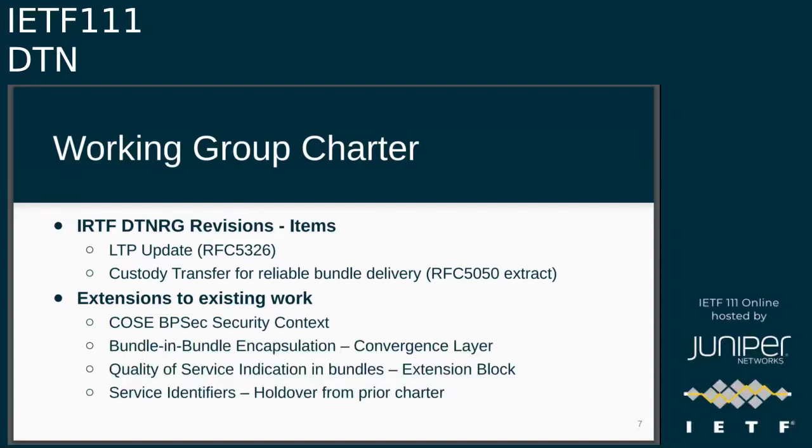The custody transfer implementation in BPv6 was a way to do that, but using reliable convergence layer protocols between nodes is likewise a way to do that. So I think the custody transfer as designed in BPv6 was problematic for a number of reasons, and we removed it from BPv6.